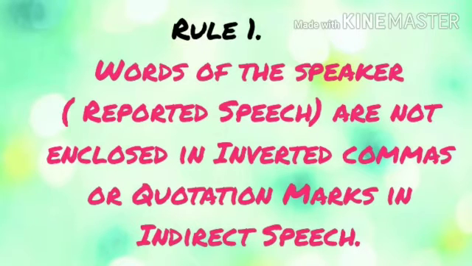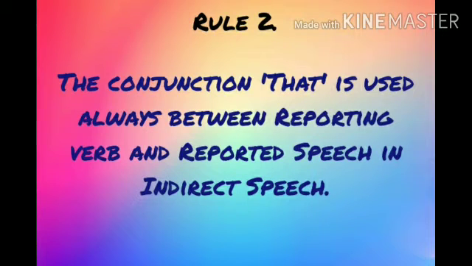Rule number 1. Words of the speaker are not enclosed in inverted commas or quotation marks in indirect speech. Rule 2. The conjunction "that" is always used between reporting verb and reported speech in indirect speech.